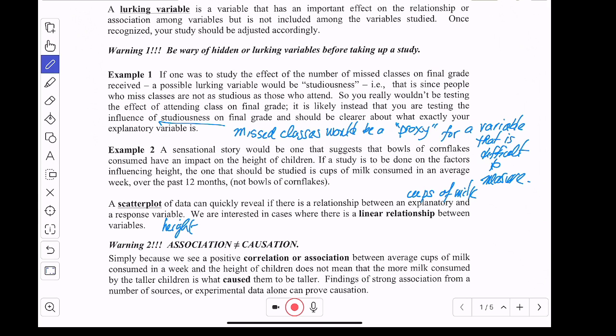When we talk about correlation in this class, we focus on the linear relationship between two variables. A linear relationship is such that all the values related between the explanatory and the response are related in the same way.